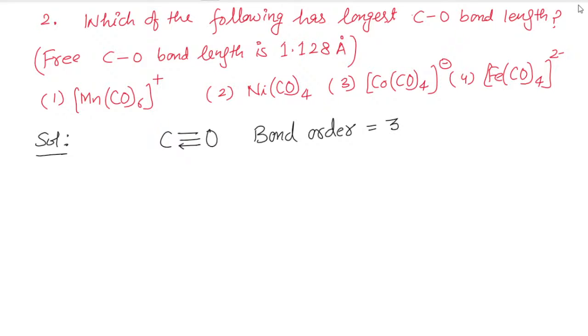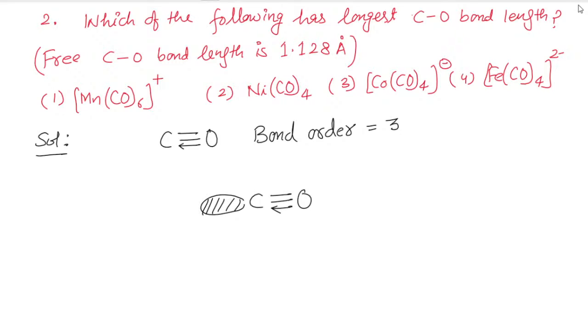Bond order of CO is 3. So in CO, if you write its actual structure, it is like this.